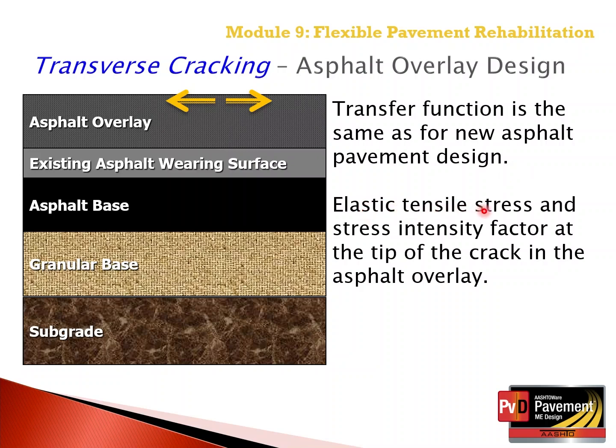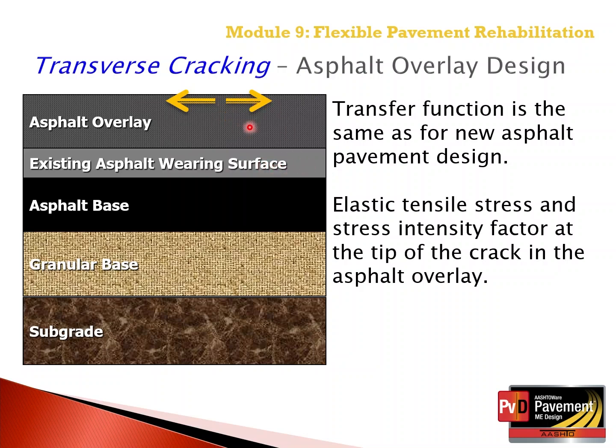The elastic tensile stress and stress intensity factor at the tip of the crack in the overlay are the key or critical pavement responses. For the existing asphalt layer, since it's no longer a surface layer, no additional transverse cracks or thermal-related cracks are predicted for this layer.